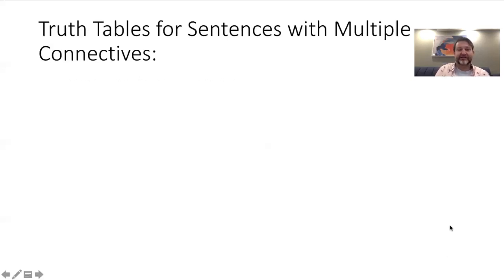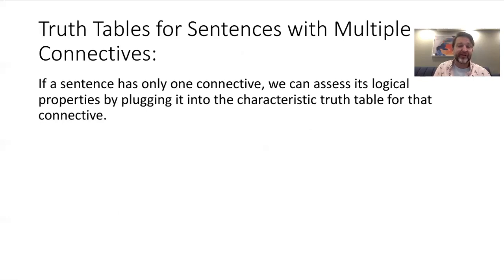So truth tables for sentences with multiple connectives look more interesting than the simple connectives we've looked at so far. And this week you'll be practicing the skill of constructing these truth tables for more complex sentences. And again, this will allow us to assess when these sentences are true or when they're false. So if a sentence has only one connective, we can assess its logical properties by plugging it into the characteristic truth table for that connective, like we did with the sentence involving Petra a few slides ago.